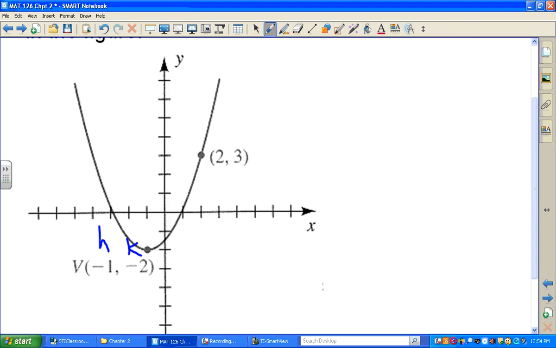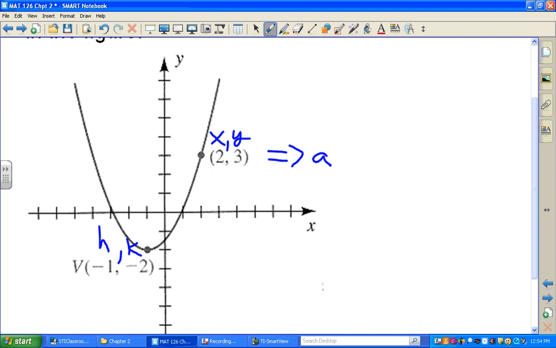The vertex, this is H and this is K. Wait a minute, we had H and K before, didn't we? And what didn't we have for the family of parabolas? What were we missing? You remember my parabola, the wide blue one? His parabola, the one going up? We were missing A. So if you're given H and K, you can use this X and Y, and with all four of them, you can use those to find A. And should A be positive or negative?